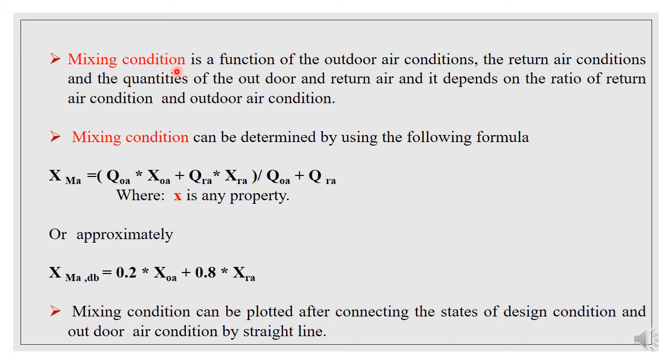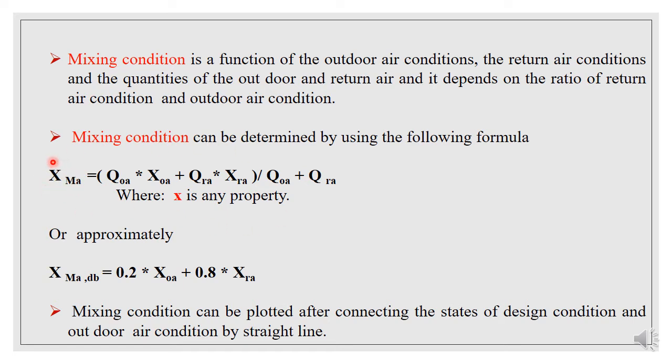And the mixing condition is a function of the outdoor air condition plus the return air condition and the quantities of the outdoor and return air, and it depends on the ratio of the return air condition and also the outdoor air condition. And for every condition, the relative humidity and also the temperature, it can be determined by using this formula.